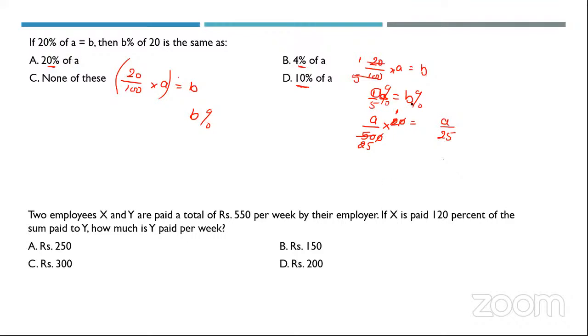So basically B percent, you are getting as A by 25, right? So is 20% of A equal to A by 25? No, right? Now 4% of A, 4 by 100 of A, is equal to A by 25? Yes, 1 by 25. So your answer is this one. All right, next one.